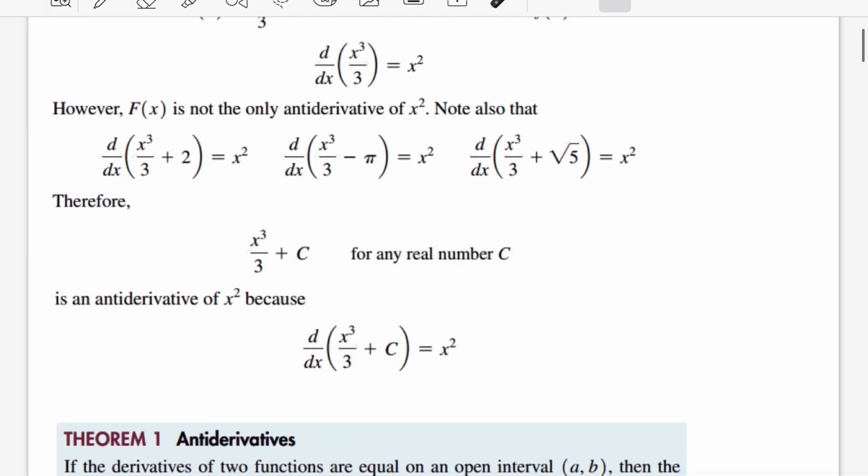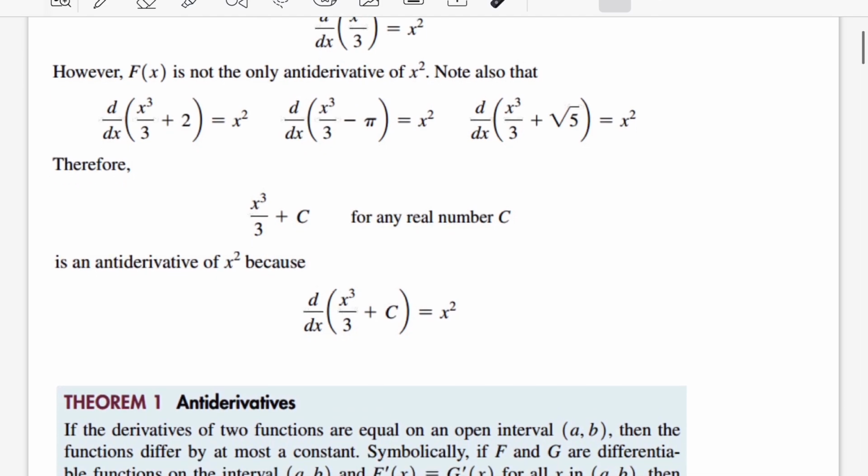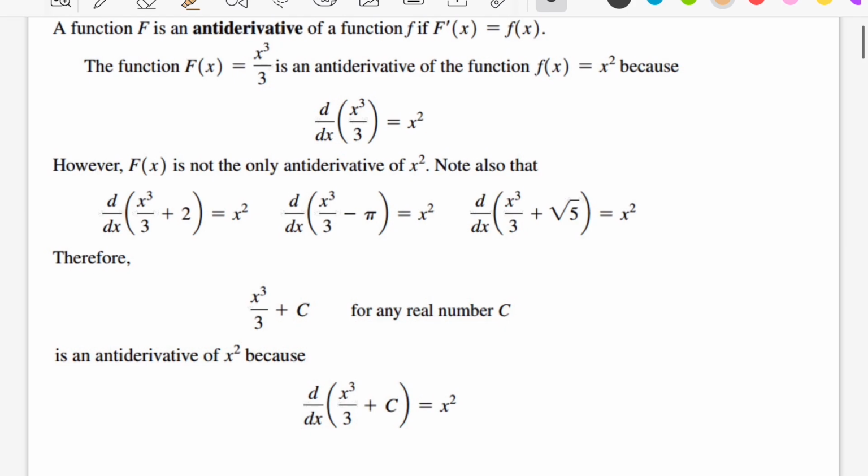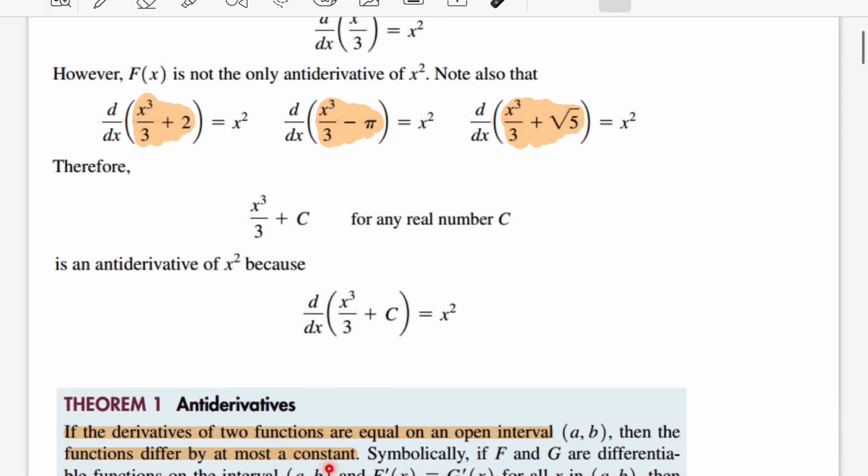So this brings us to theorem 1 here. It says if the derivatives of two functions are equal on an open interval, then the functions will differ by at most a constant. Relating this to what we just looked at, if we take the derivatives of all of these, we get our x squared function here, and we see that all of these only differ by at most a constant.